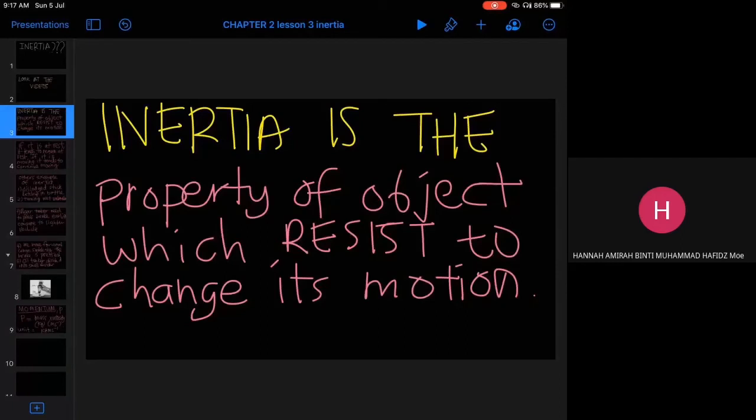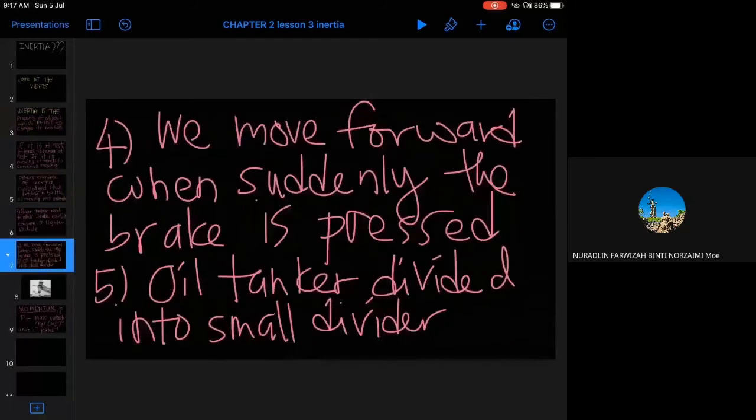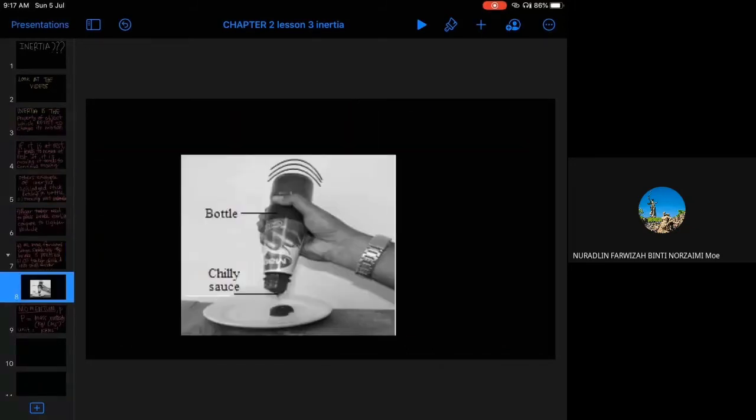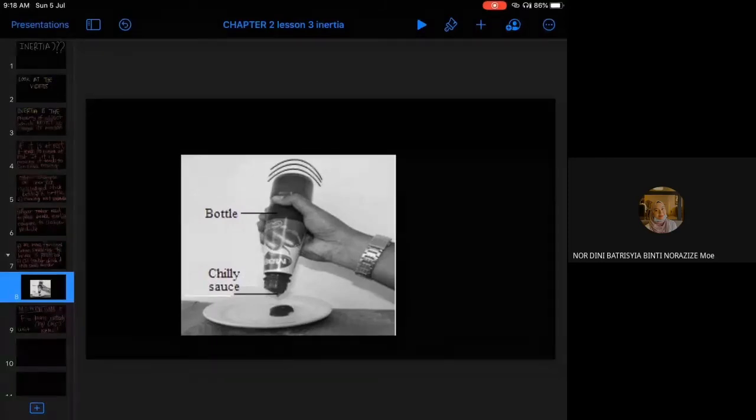Okay? So, inertia ni sebenarnya baik ke tak baik? Baik? Are you sure baik? Okay, so dia ada keadaan. Yes, it depends on the situation. So contoh macam kita nak dislodge the chili sauce from the bottle, itu adalah the good effect of the inertia. Alright?